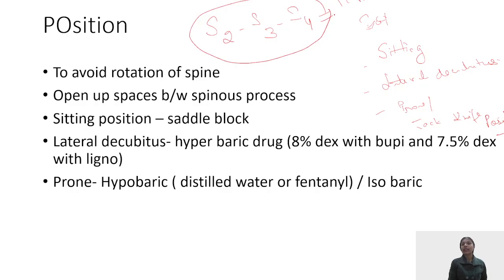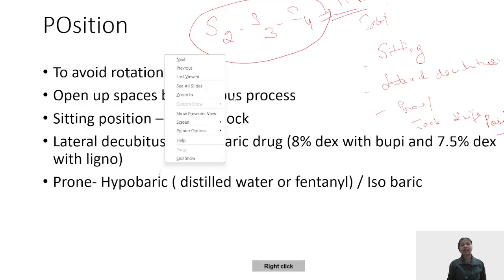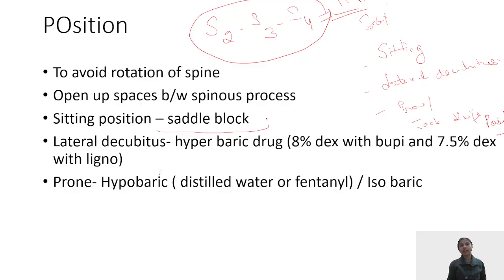In that case, the sitting position becomes extremely important because this is the only position in which we can get your saddle block. And the drug to be used is a hyperbaric drug. The baricity of the drug has to be more than the CSF, only then is it going to settle down via gravity. In lateral decubitus position also, generally we give hyperbaric drugs, whereas in prone position we give hypobaric or isobaric drugs.